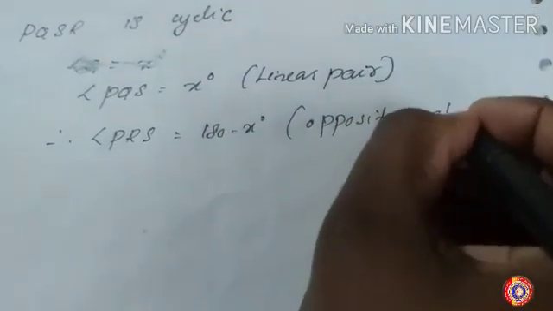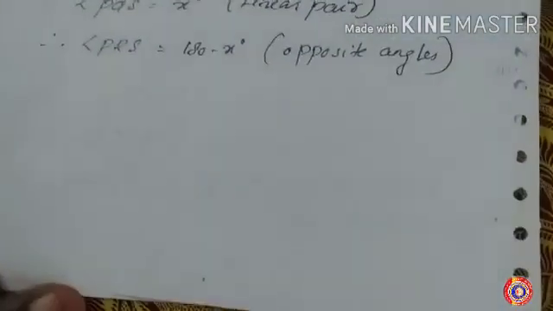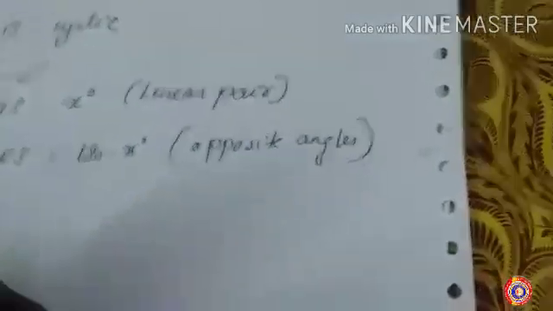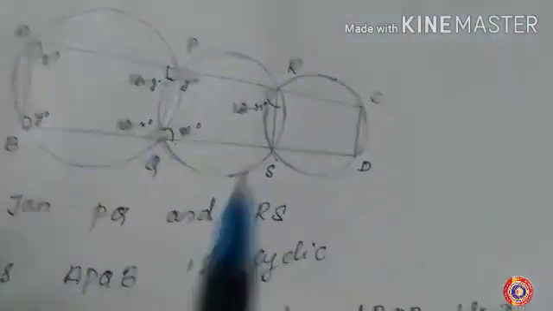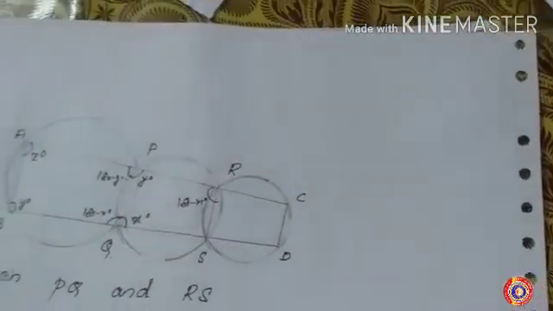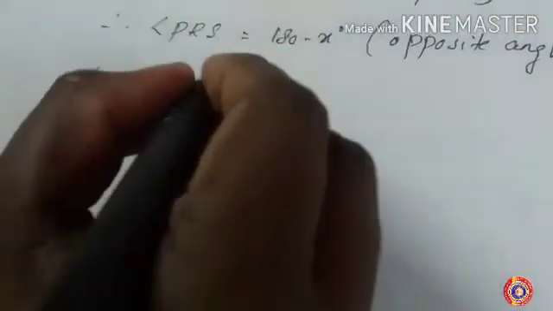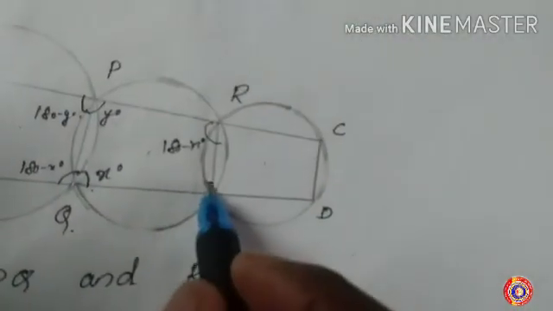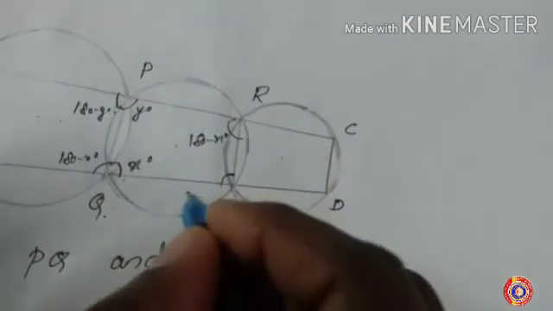Next, angle RPQ is equal to y degree because it forms a linear pair. Therefore, angle RSQ is equal to 180 minus y degree.